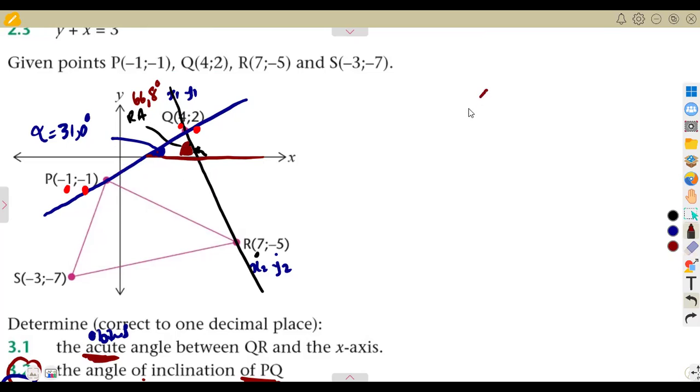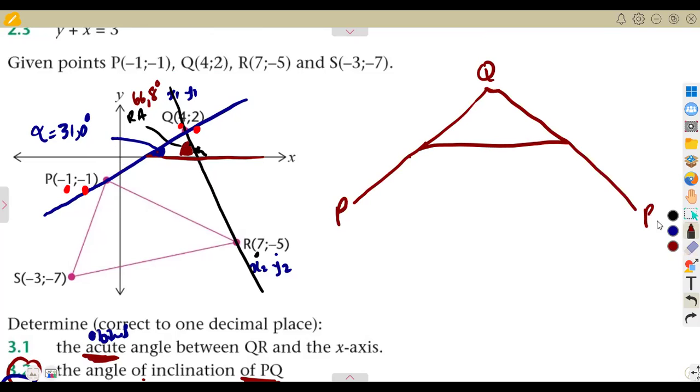It's forming a triangle where this is Q, this point we do not know, but it's going to go there to P, then here it's going to go to R. These angles that we calculated form a triangle. This angle here, which is 31.0 degrees, and this angle that we calculated here, 66.8 degrees, form a triangle with these lines. And the angle that they want you to calculate is called PQR.